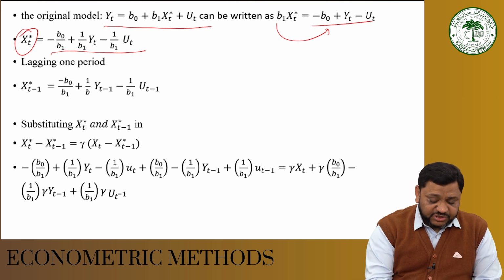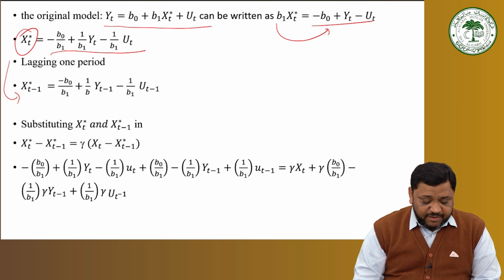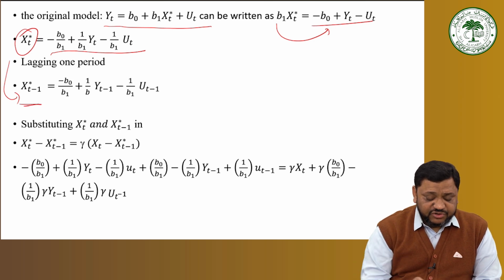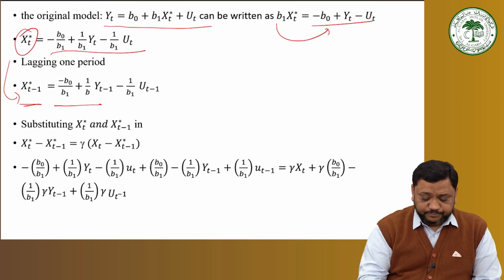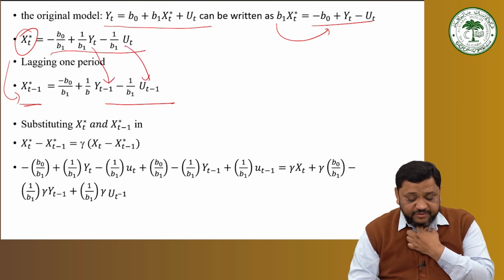We get this equation. Then what we do next is we lag by one period. When we lag by one period, x_{t-1}* is minus b naught by b1 plus 1 by b1 y_{t-1} minus u_{t-1} by b1.